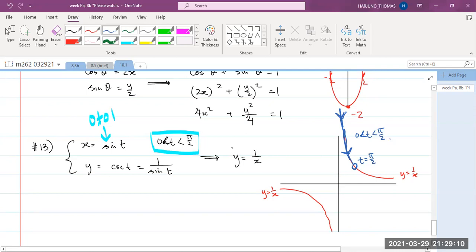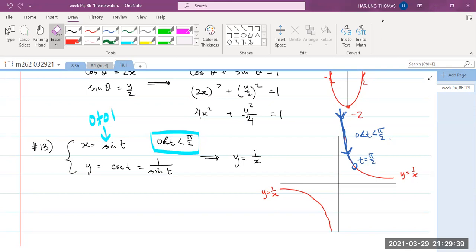So you get the Cartesian equation, but the actual graph of that parametric equation is almost always only part of it.